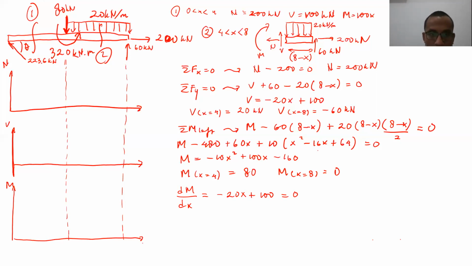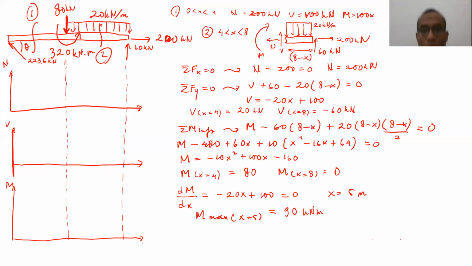Okay, so the thing happens at x equal to 5 meters. So the moment max happens at x equal to 5 meters. The value is 25 minus 250 plus 500 minus 160, 90. The value is 90 kilonewton meter.